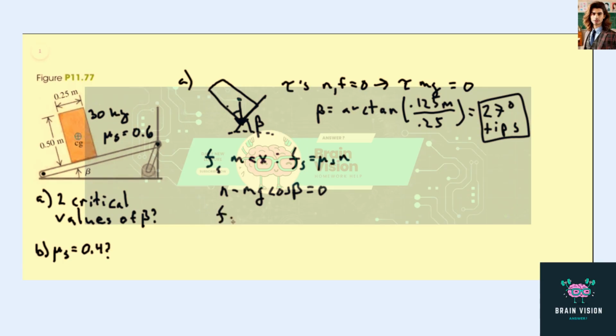So F sub s equals mu sub s mg cosine of beta.